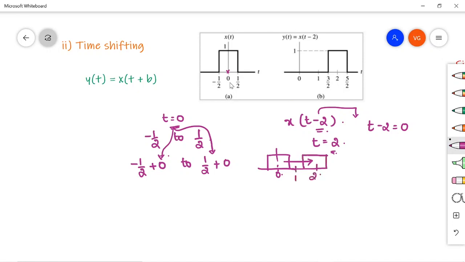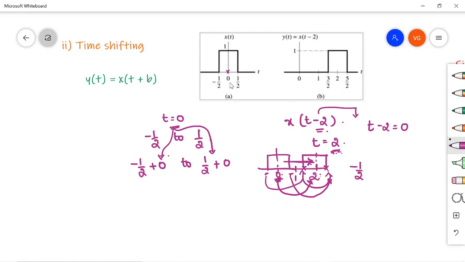If you shift the signal, just move the signal on the axis, centered around 2. Then what happens to these limits? These limits also will change now, as I have added 2 to my center value, that is 0. The same we have to add to the upper and lower limits to get the new upper and lower limits. That is, here, as my signal is now centered at t equal to 0, the upper and lower limits will be what?